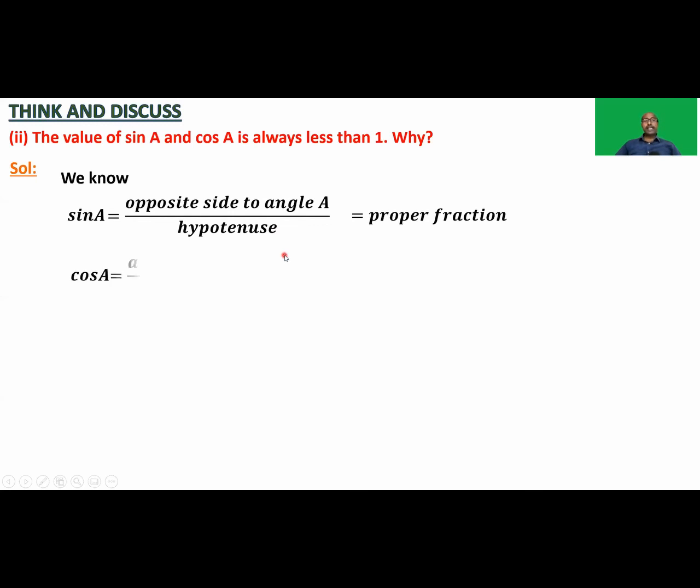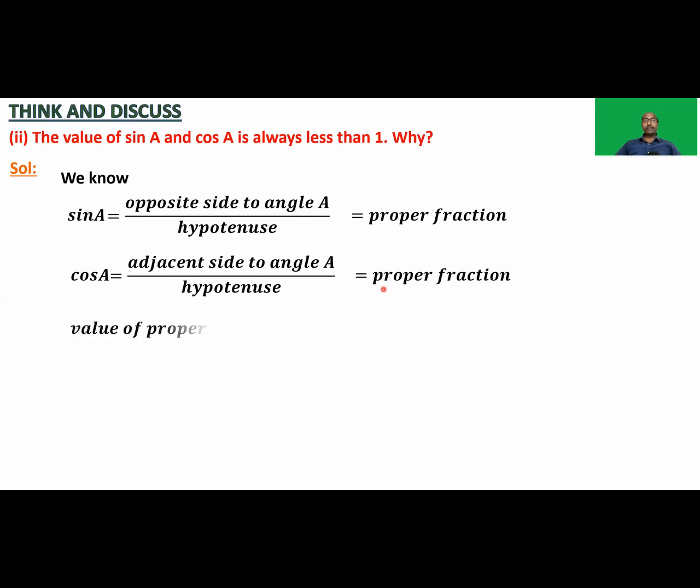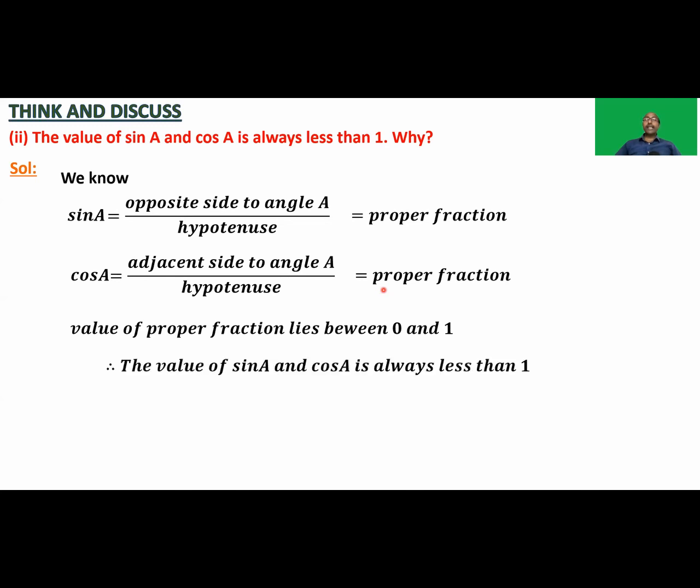And similarly, cos A is also a proper fraction because adjacent side is also smaller than hypotenuse. But the value of a proper fraction lies between 0 and 1, isn't it? So sin A and cos A are always less than 1. Okay.